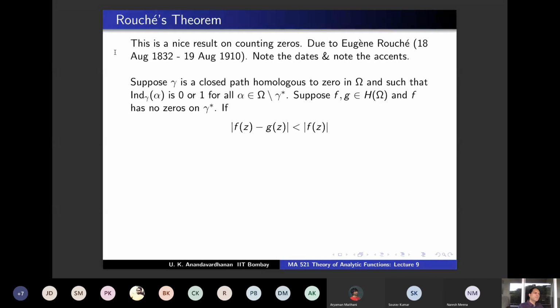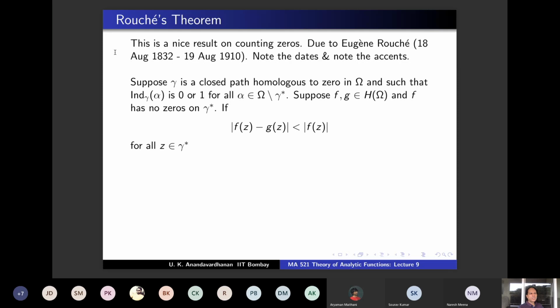And assume, this is the hypothesis of the original version of Rouché's theorem, that mod f(z) minus g(z) is strictly less than mod f(z). Where is this? This is on the curve, on gamma star. So on the boundary, on gamma star, you have this strict inequality.